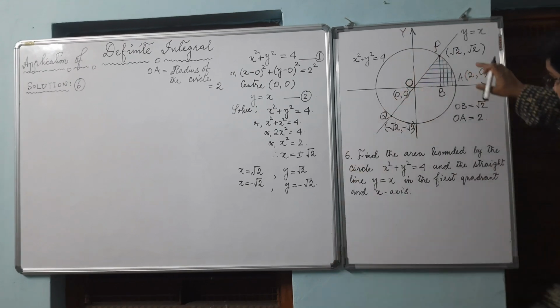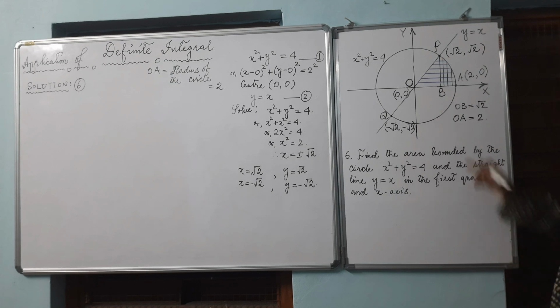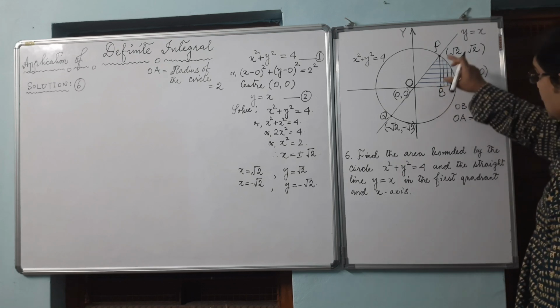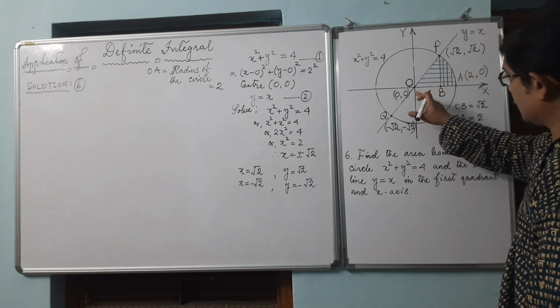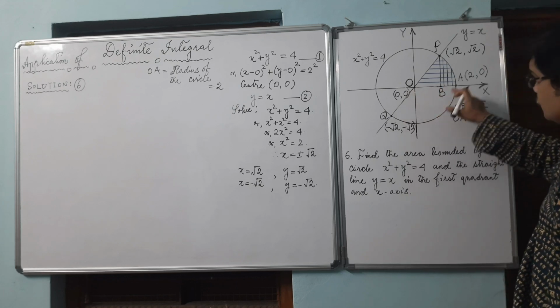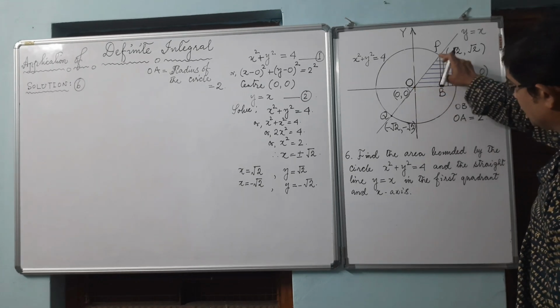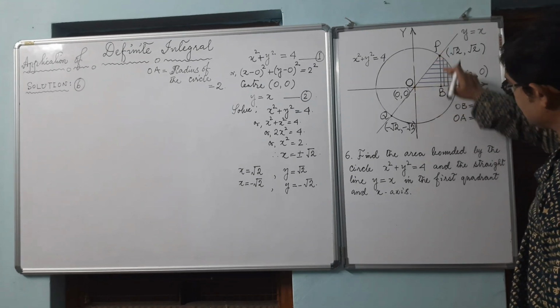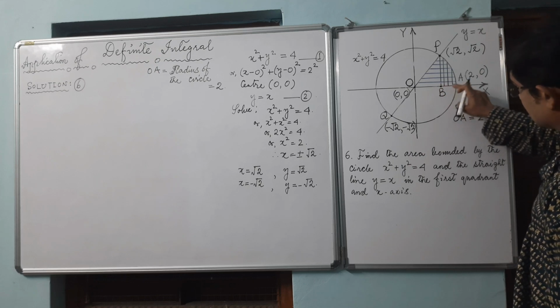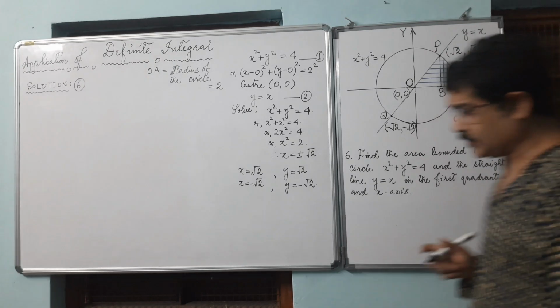Here we observe the shaded region is the required area, and if we divide the total area into two parts, one from O to B and the other from B to A, first the area of the triangle OBP and the other the curvilinear area BPAB. These are the two areas.